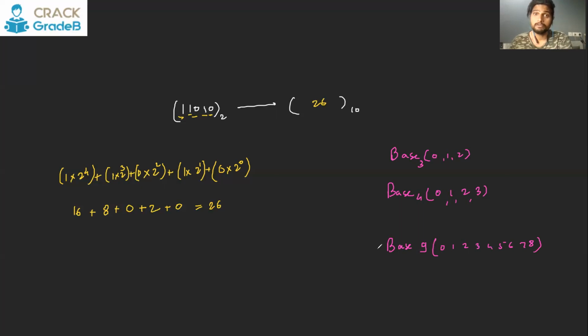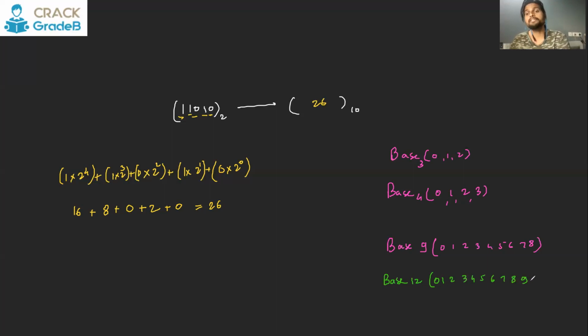What if the system is there which has more digits than ours? Base 12 can also be there. So base 12 will have 12 symbols up to 11, but 11 is not a symbol. 11 already consists of 2 basic symbols, 1 and 1. So you write 0, 1, 2, 3, 4, 5, 6, 7, 8, 9. 10 symbols are done.